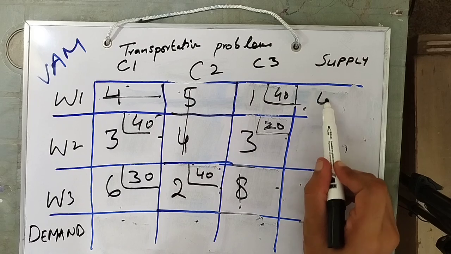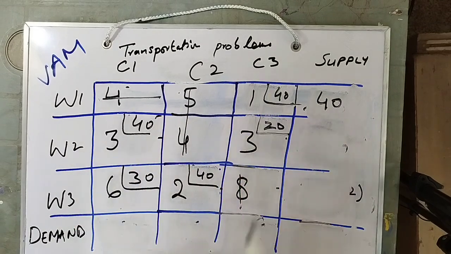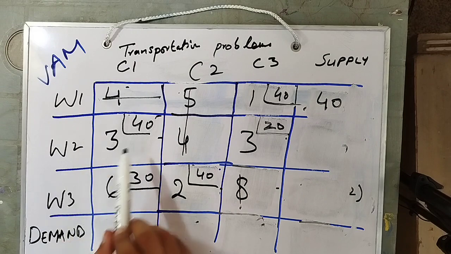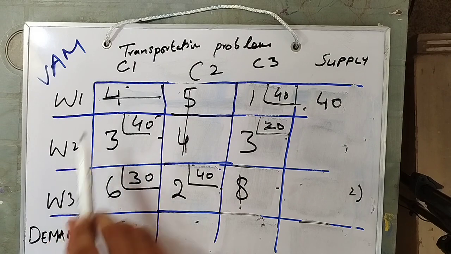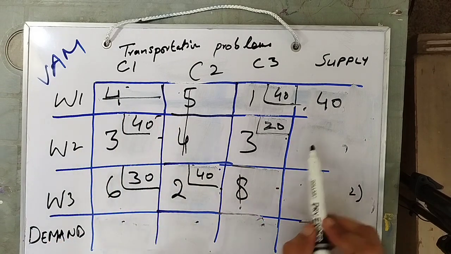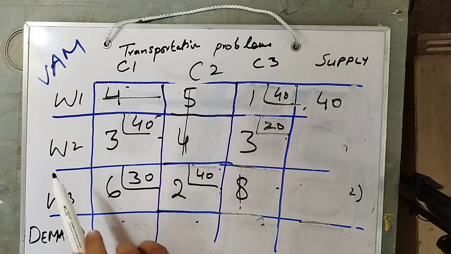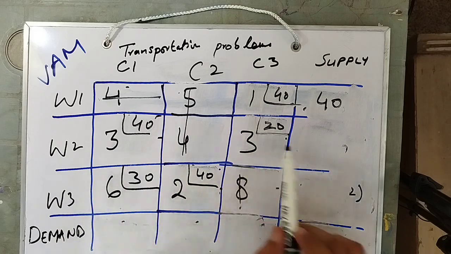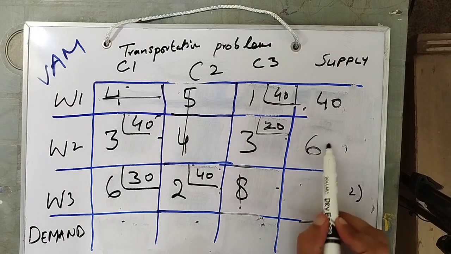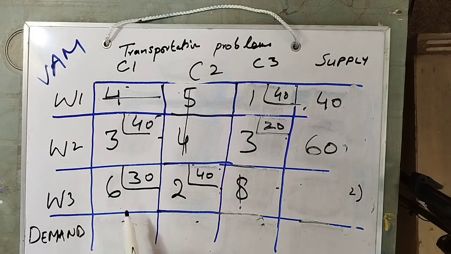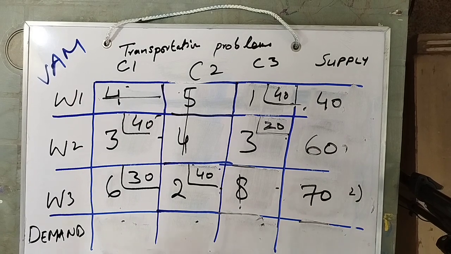40 we have allocated with the warehouse 1 to customer 3. 40 we have allocated to the customer 1 from warehouse 2, plus 20 we have allocated to customer 3 from the warehouse 2. That is 40 plus 20 is 60. From the warehouse 3 we have allocated the 30 to customer 1, 40 to customer 2, so that is 70. So this is our total allocation we had.